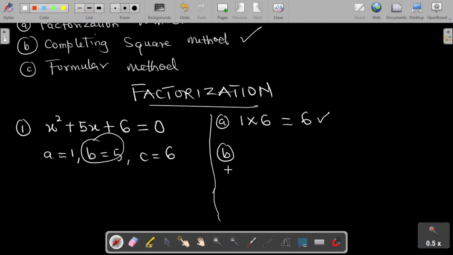The two numbers will be 2 and 3. If you check, 2 plus 3 is 5, and 2 times 3 is 6. So when you get the two numbers, I showed you the shortest thing to do. Very simple. Just open two brackets.